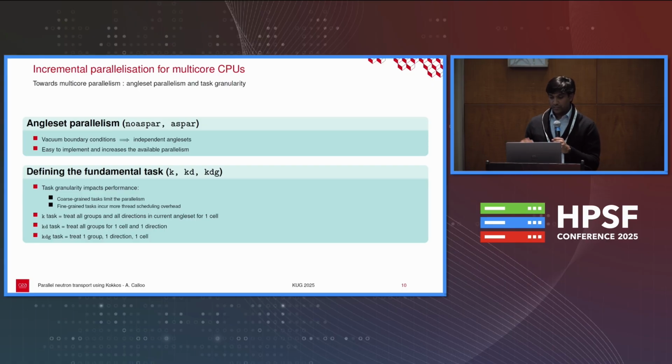So we defined different task granularities. The coarsest one is, for one cell, treating all the groups and all directions. This is what we call a K-task. A KD task is for one cell in one direction, treating all the groups, and then the most unitary one is for one group, one direction and one cell.